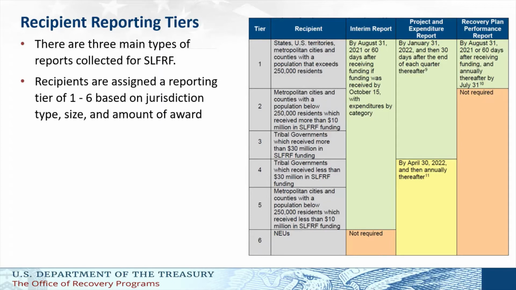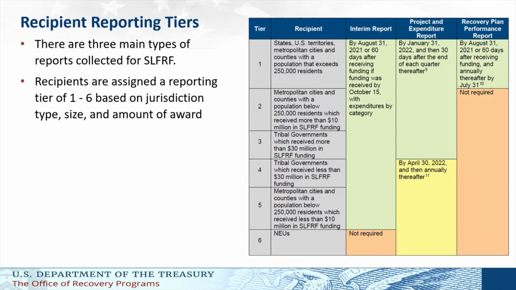All right, before we get into the specifics of each tier, let's cover the basics. All recipients in the SLFRF program are assigned a reporting tier from 1 to 6 based on your jurisdiction's type, population, and amount of total SLFRF award.